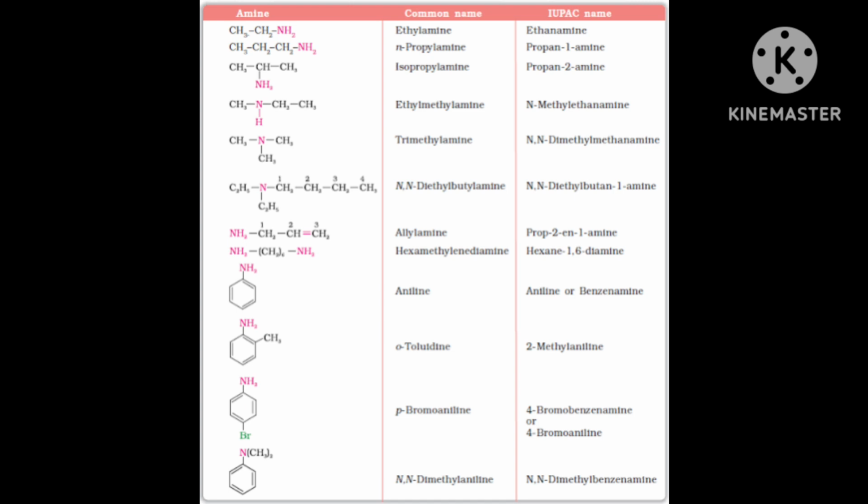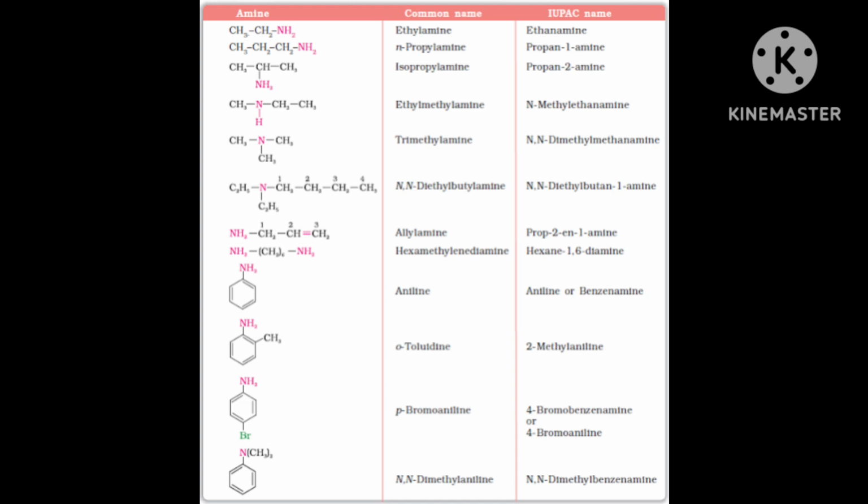In the common system, it is known as aniline. Generally, if in a benzene ring NH2 is attached, it is called aniline. You know this already. Aniline is also accepted by IUPAC. Aniline is coming in both ways, as a common name as well as IUPAC.